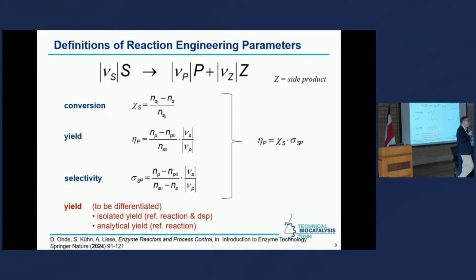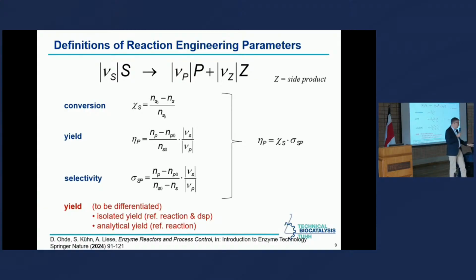But other people also use something that is named the isolated yield. This means we might need to extract our product out of this water in this reactor, in this bottle. Then we have a further operation, a unit operation, downstream processing we name it. And this also can have a yield, a different efficiency.